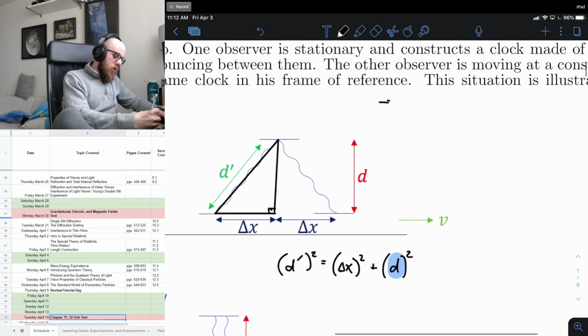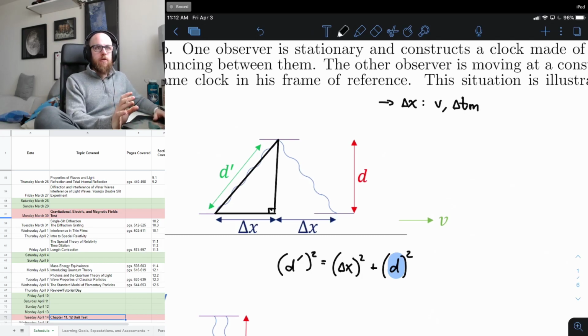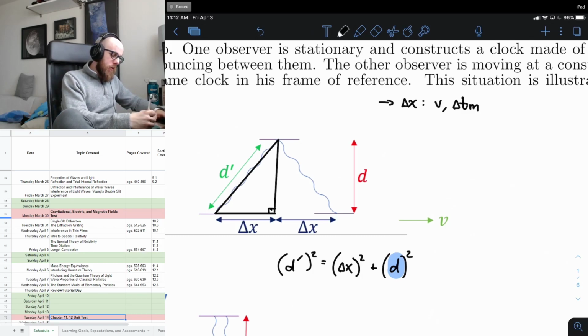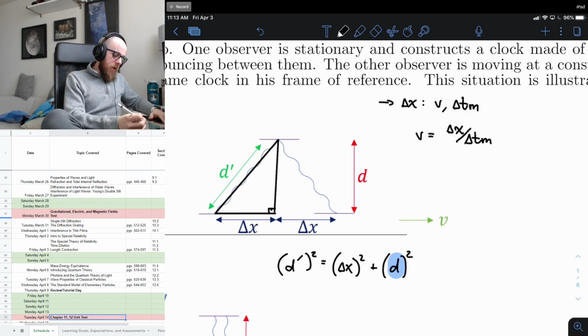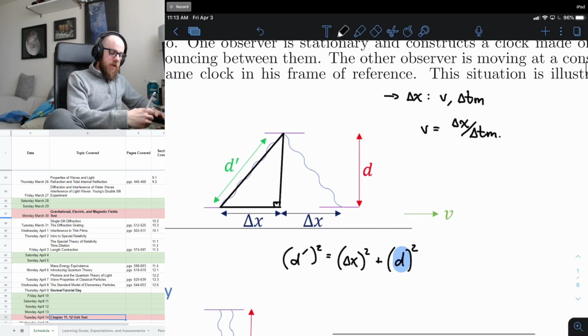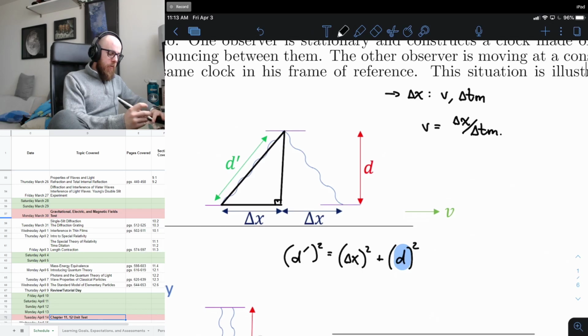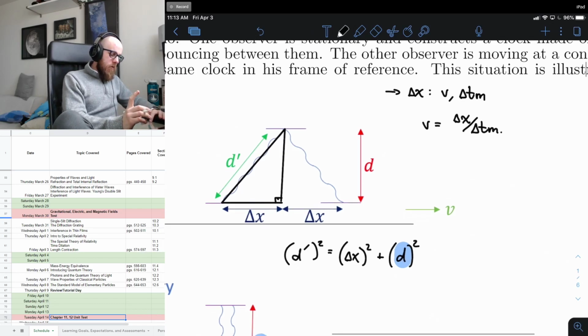Our goal is to write delta x in terms of v and the time measured in the moving observer's reference frame. The way we do that is we note that v is equal to delta x over delta t sub m, because again, velocity is equal to distance over time. But I have to be a little bit careful.